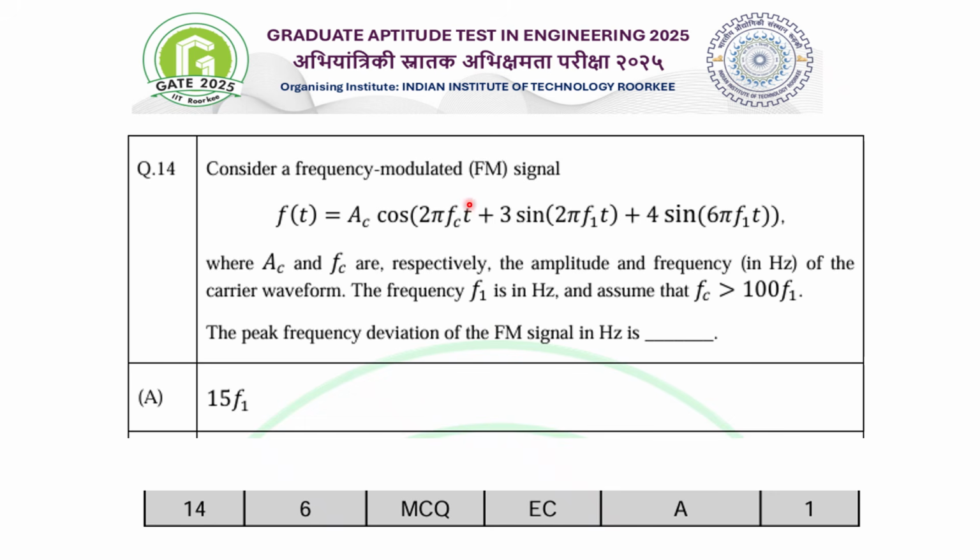So here omega c t plus message information is there. Omega c t means this angle will change with respect to this. Now the question is that omega c, definitely the angle will change, but what will be the maximum change? That is the peak frequency deviation. So this is the question, right?